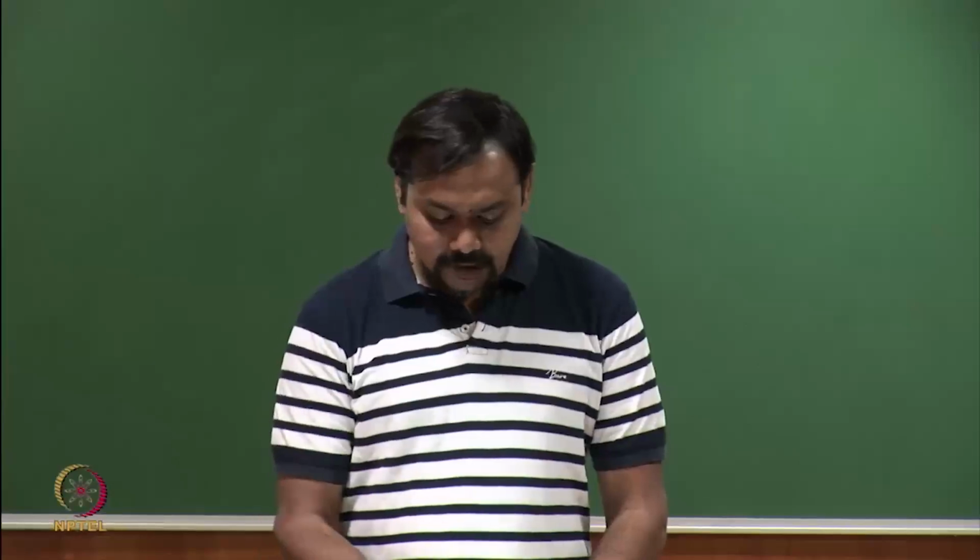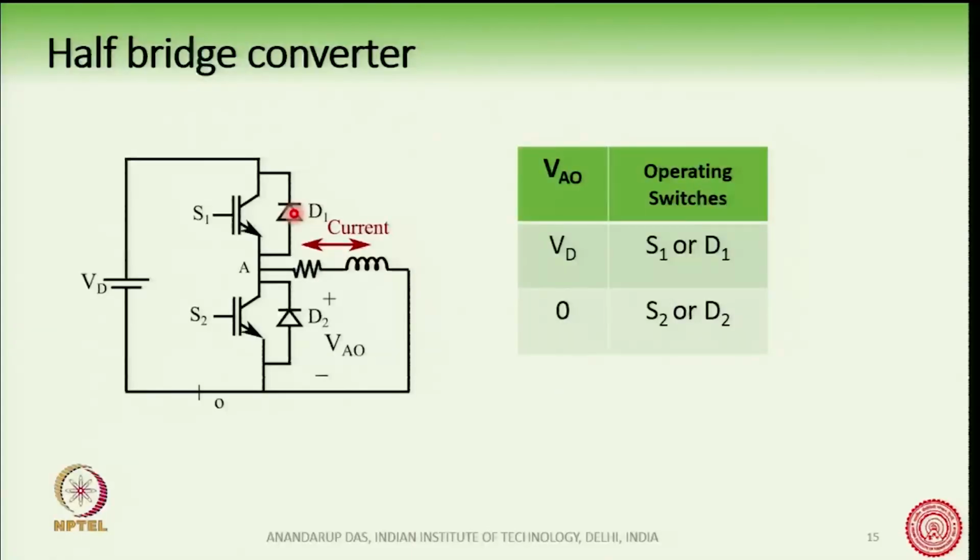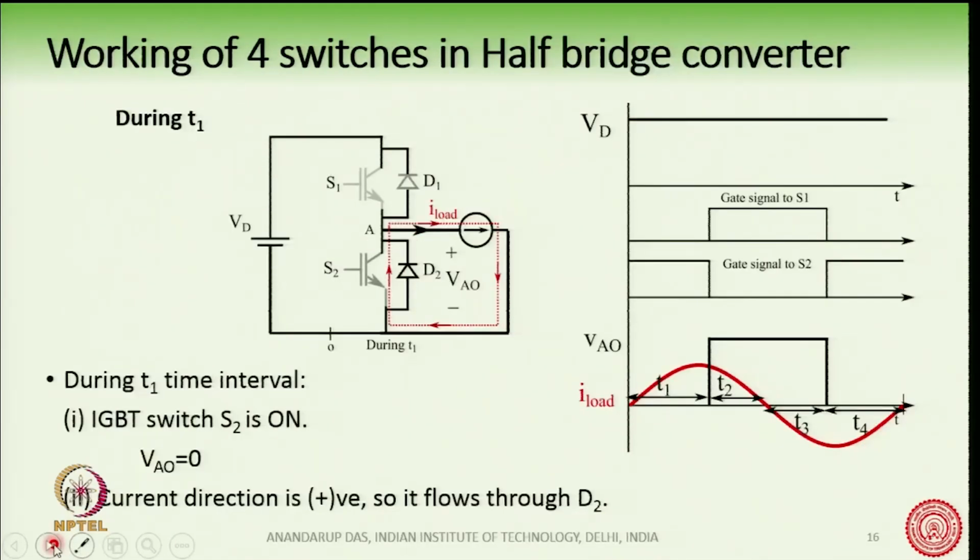So, in this half bridge converter we see that the switch S1 or D1 or the switch S2 and D2 may be conducting. So, how do they conduct? It is shown in this slide.